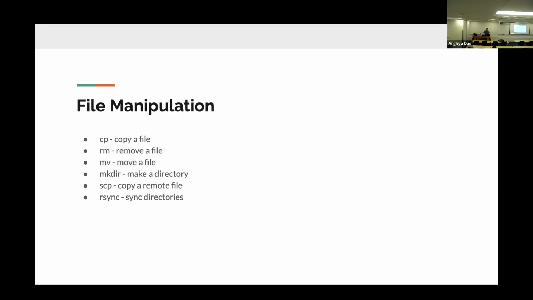There's the mv move command, which moves a file. This one's a little interesting because it doesn't actually move the data physically on the system. It just changes what's pointing to the data. The only time it will actually copy a file over is if you're moving across file systems, in which case what it's doing under the hood is a copy and then a deletion of the original data.